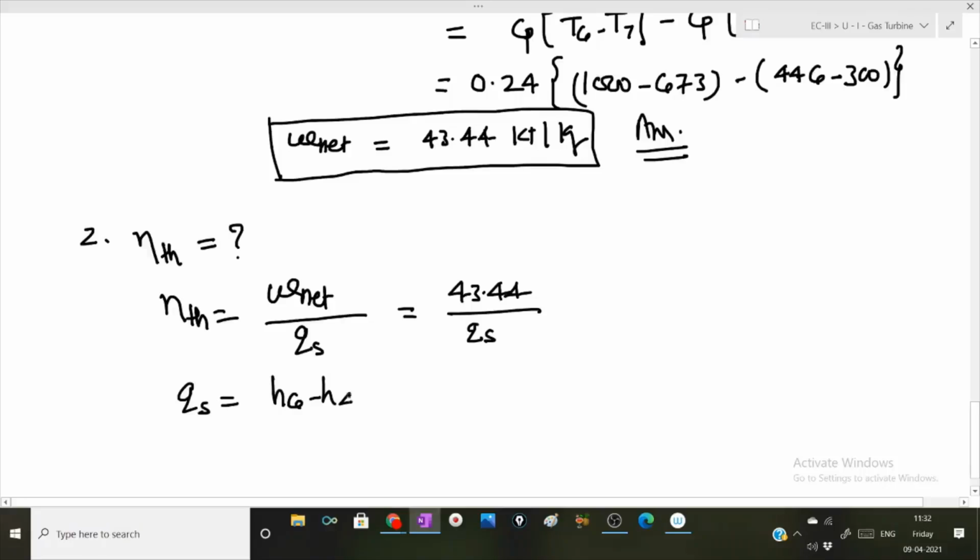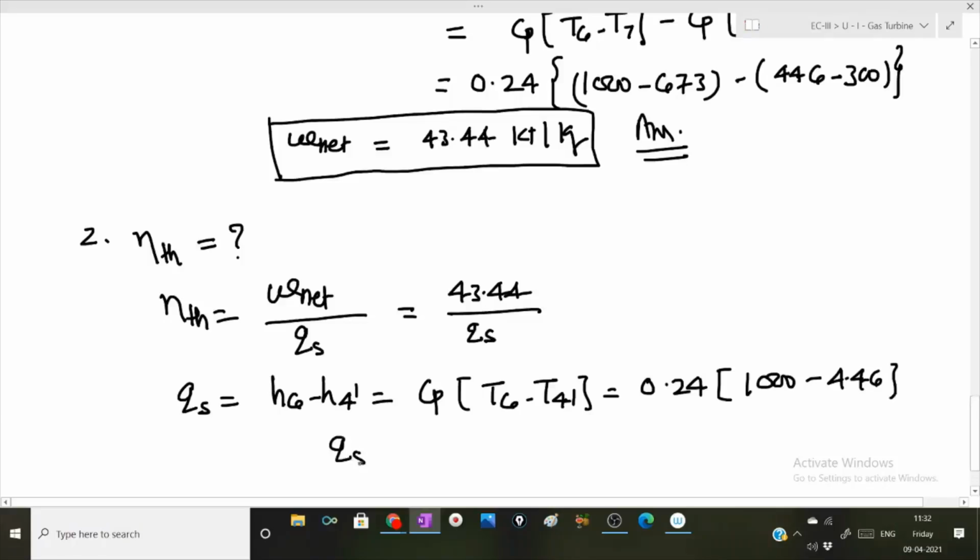H6 minus H4 dash is equal to Cp into (T6 minus T4 dash), which is 0.24 into (1000 minus 446).